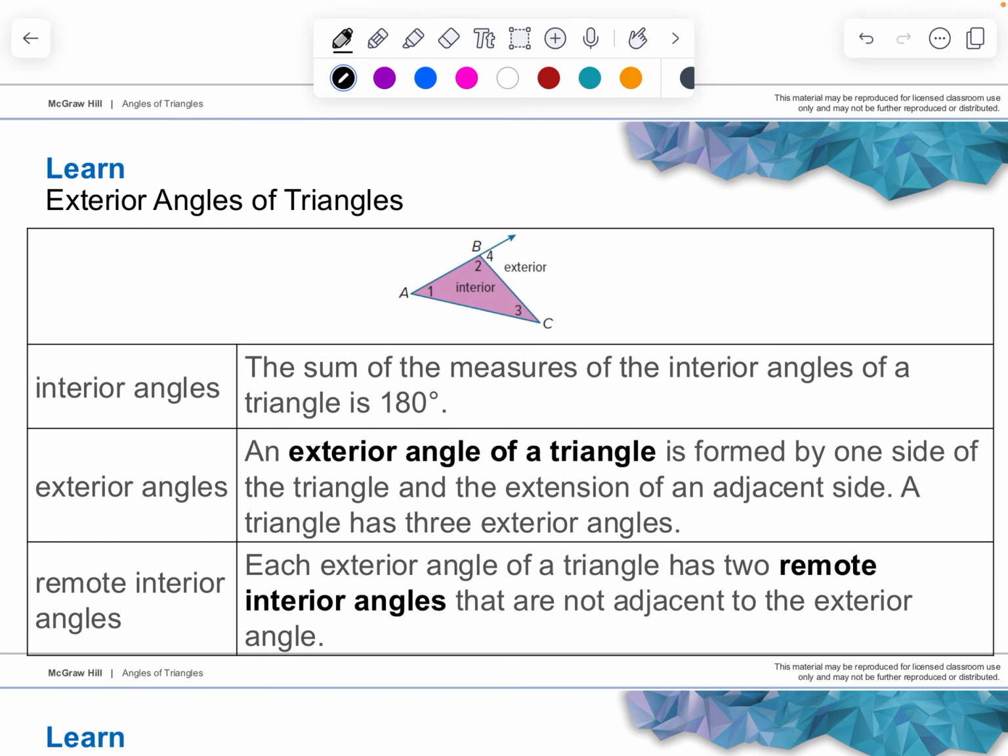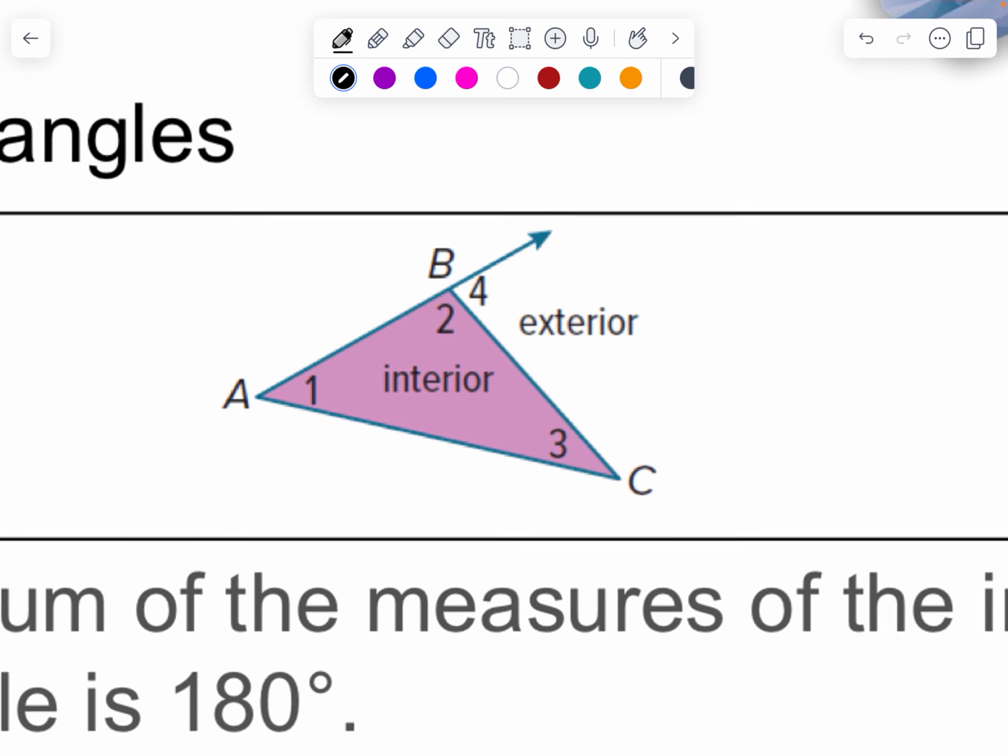Now, an exterior angle is when you've got your triangle and then you extend one of the lines of the triangle on, okay? So it's formed by one side of the triangle and an extension of that side. Okay, so in this example here, we've extended this side on and it makes an angle right here.